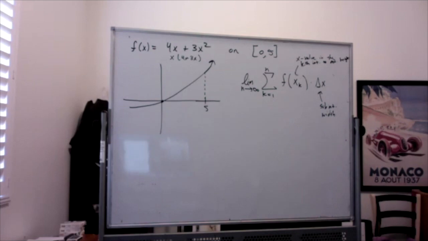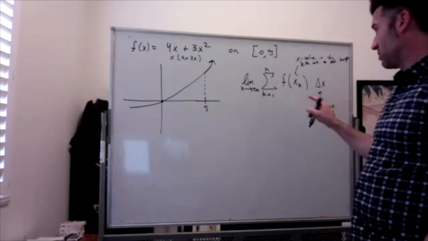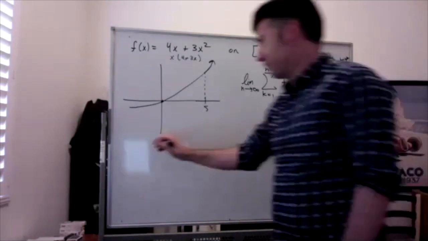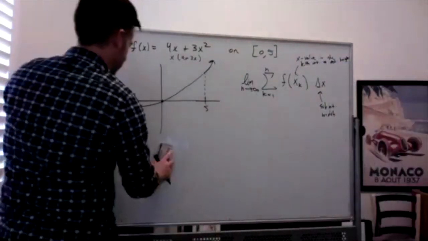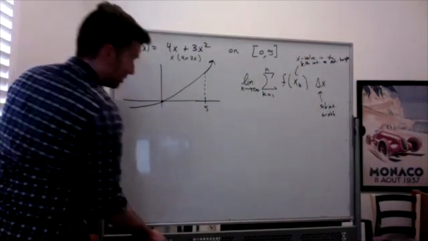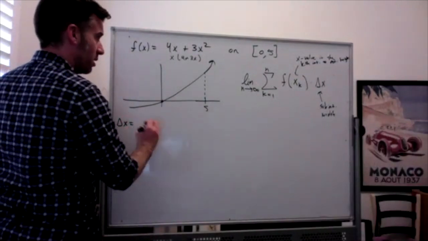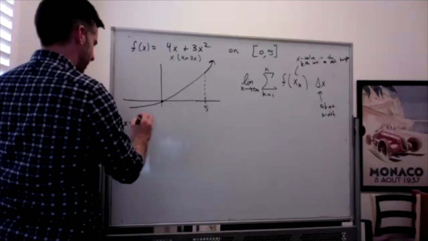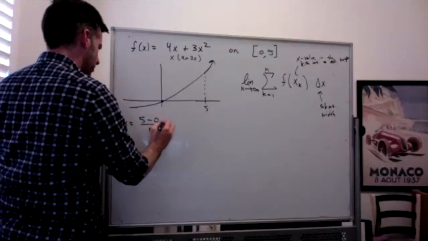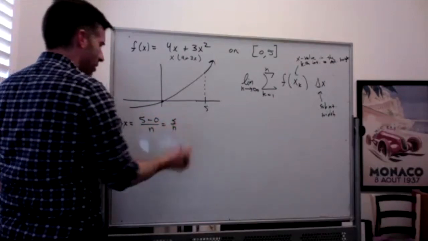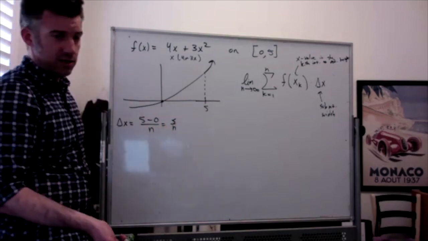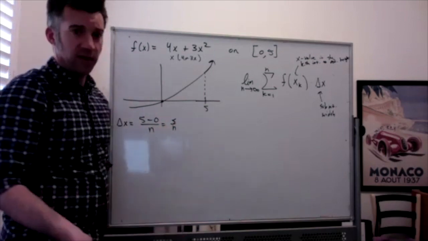There we go. So we need to identify these three things. Well, we know what our function is. Our function is just 4x plus 3x squared. We need to find our delta x, which is 5 minus 0 over n. And we need to find the right endpoint of the kth subinterval.